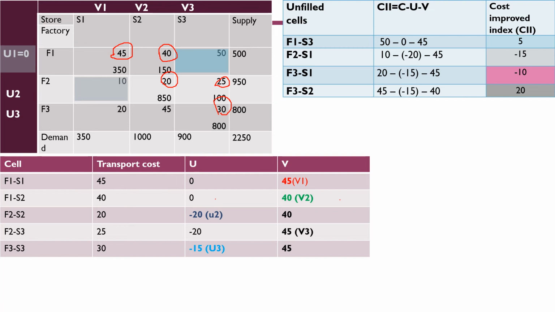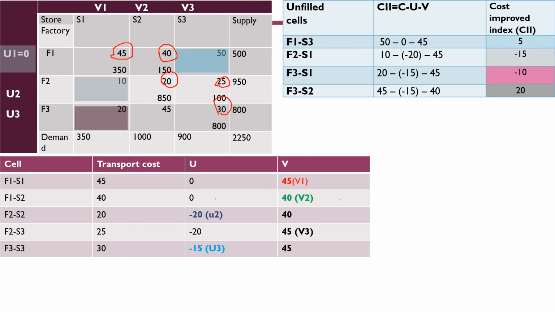Likewise, we calculate for F3 S1, then F3 S2 cells, and we can see the cost improvement index as above.